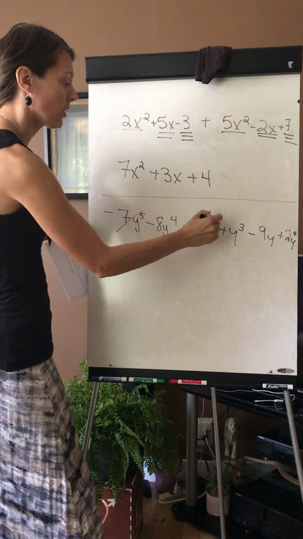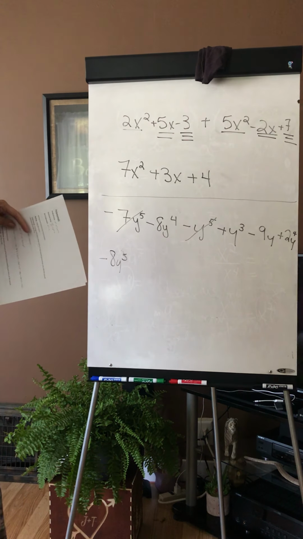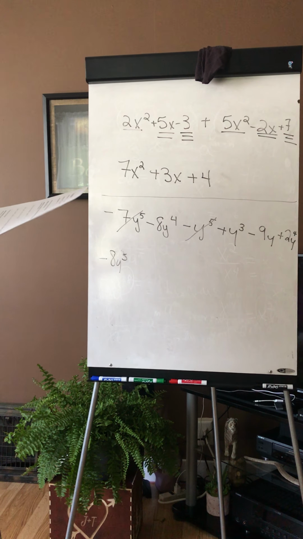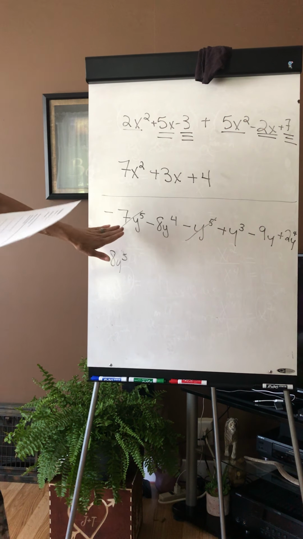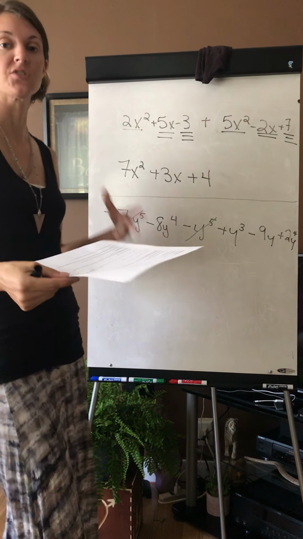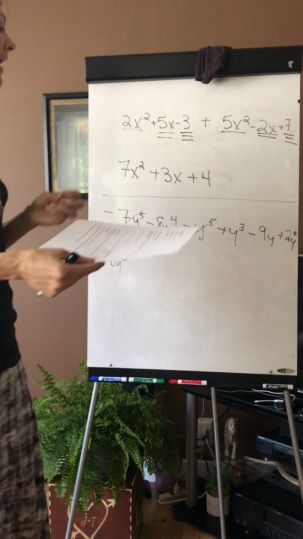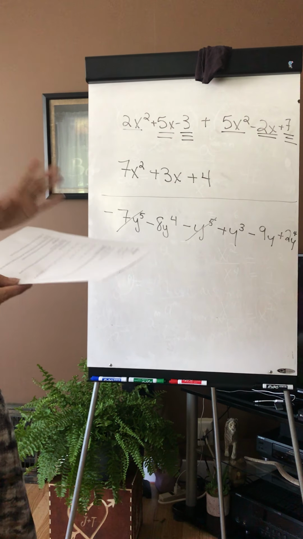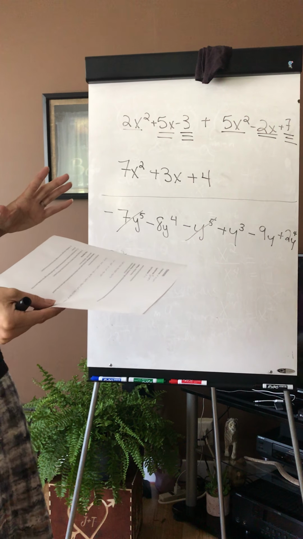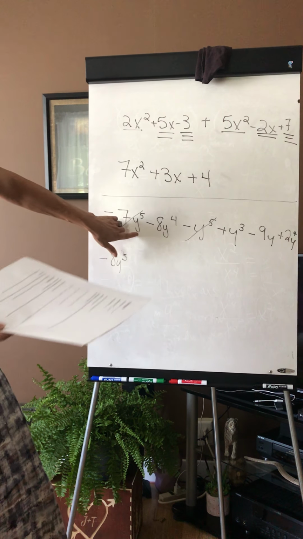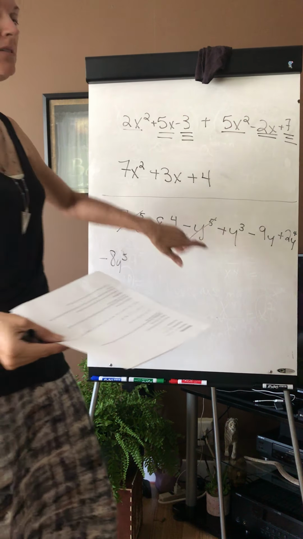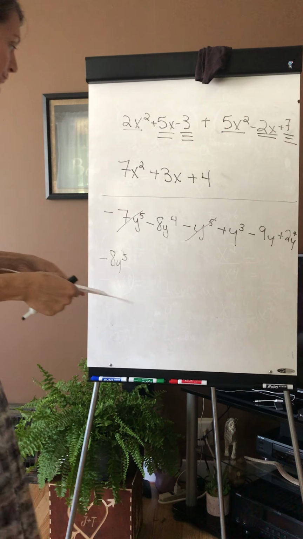And if you want to, you can cross them off after you've combined them. And then we'll move on to y to the 4th terms. And you'll notice each time I add, I'm only adding or subtracting the coefficients. I'm not doing anything with the variable term itself. So we're just saying I basically had negative 7 of these terms, negative 1, that's a total of negative 8.